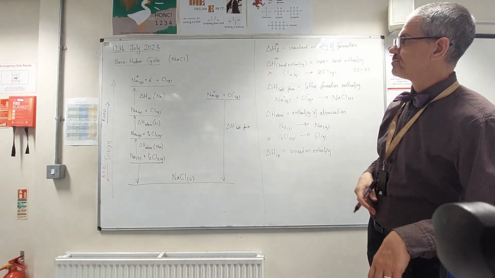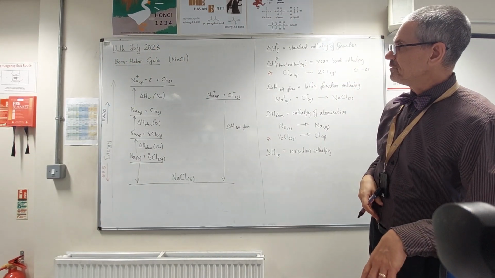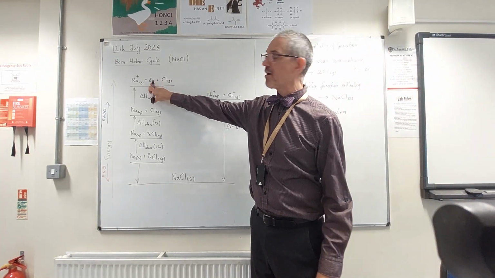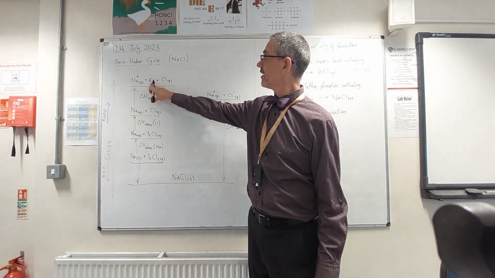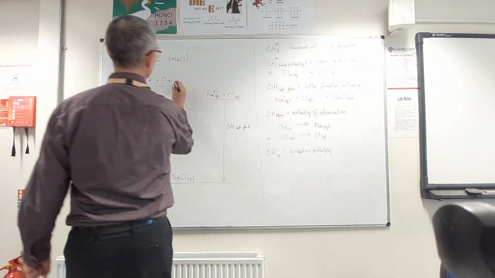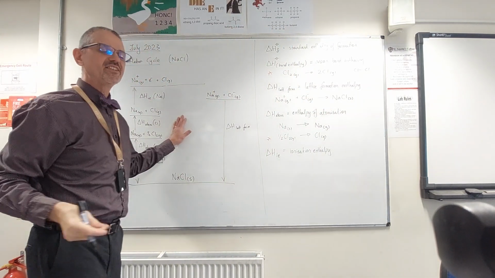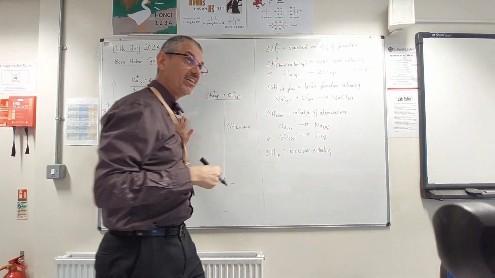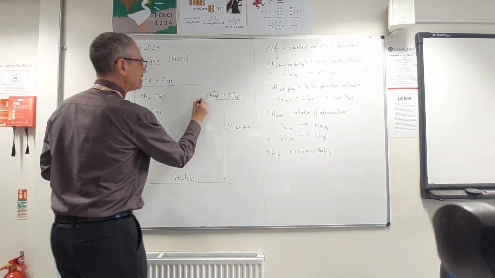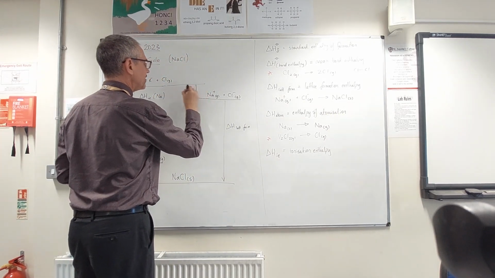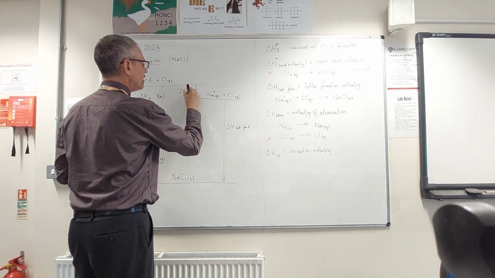Okay, we're nearly there. We just have to take the electron that we pulled off sodium and give it to chlorine, and that will make this delta H here.